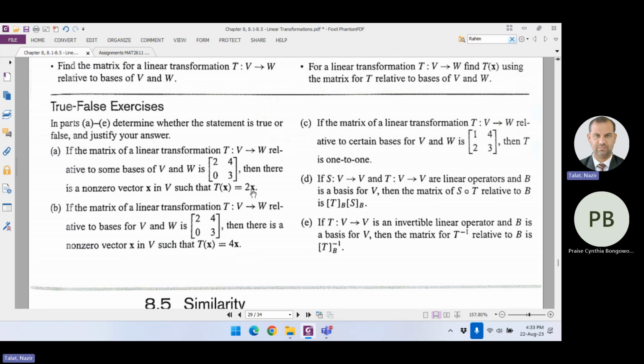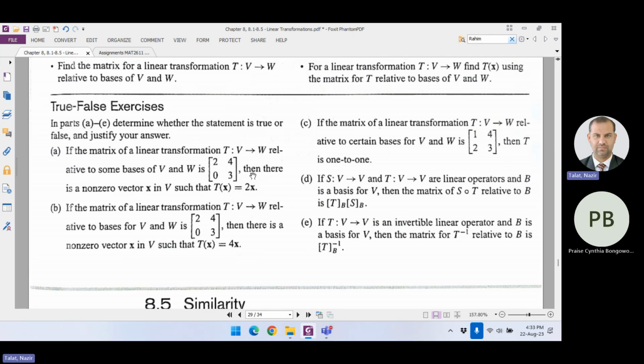Then after the multiplication, if you have 2 and 4 multiplied with any non-zero x1 and x2, we can see that the image will be equal to just 2 times that x, which becomes 2 times x1 plus 4 times x2.